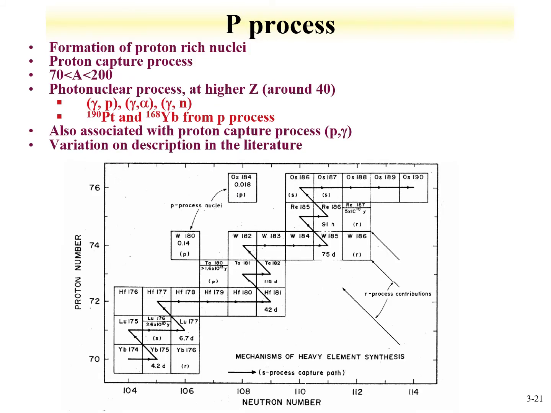The formation of proton-rich nuclei, or neutron-deficient nuclei, occurs through the P process, where we have a proton capture process, or we can have photonuclear processes at high Z, let's say around 40. These photonuclear processes, as we discussed earlier, can result in emission of protons, alphas, or neutrons.